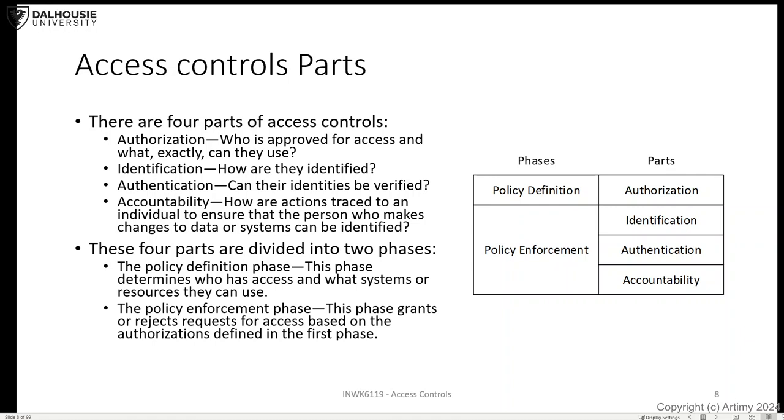Right? If you are the CEO of a company, you are allowed to sign contracts on behalf of the company. But any other employee doesn't have this authority.